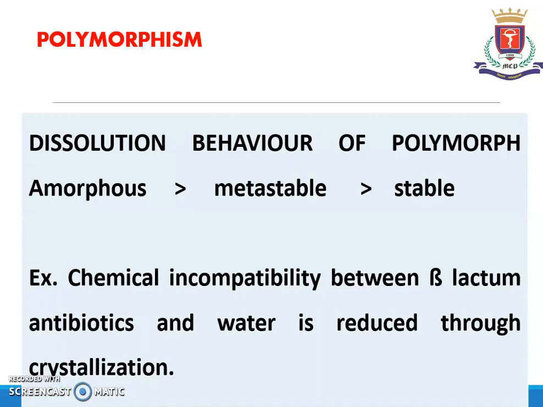Unstable polymorphic forms are not useful in the design of a dosage form because of their quick conversion to the stable form. Metastable crystals are at a higher energy level than the stable form. Hence, they exhibit low melting point but high solubility. These show better absorption and more therapeutic efficiency.